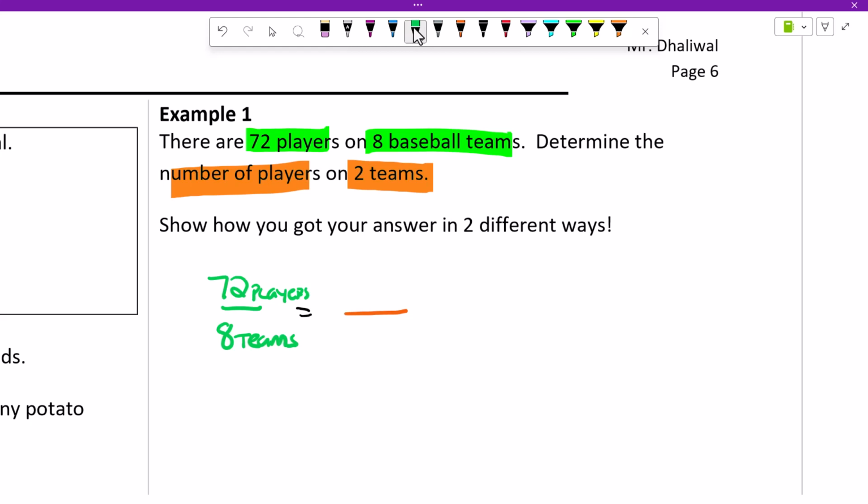Alright? So where does that 2 go? Does it go on the top or does it go on the bottom? On the bottom, because we put teams on the bottom on the left-hand side. So teams needs to stay with teams. So I'm going to put 2 teams here. Right? Teams with teams.